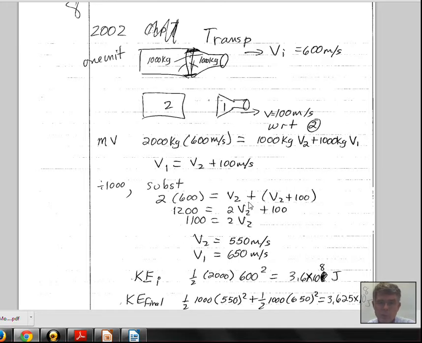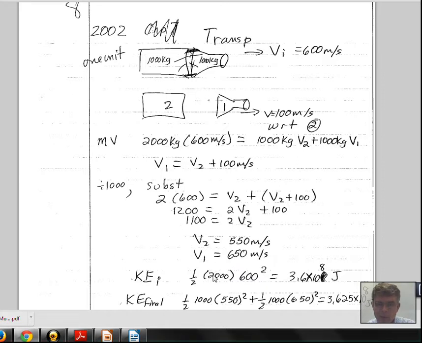Well, we only have one unknown we can solve, and in doing so we find that V2 has a speed of 550 meters per second. And now if we come back to the substitution relationship, V1 is V2, 550, plus 100. So V1 is 650.